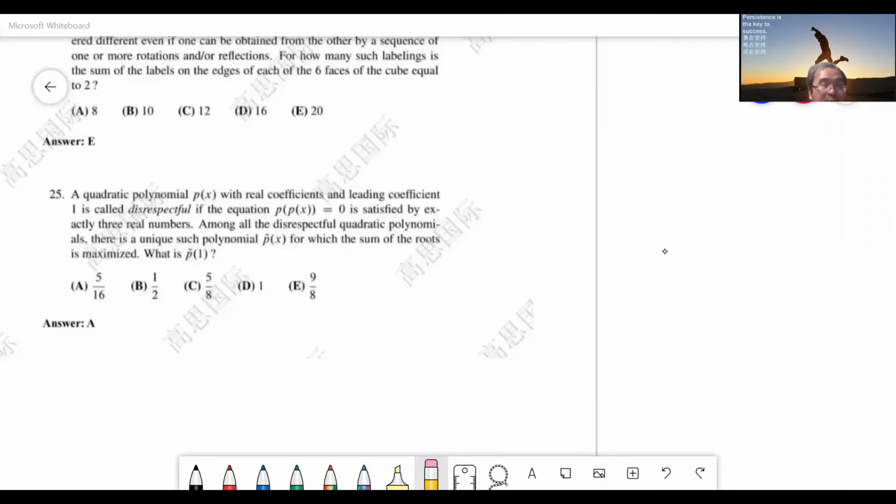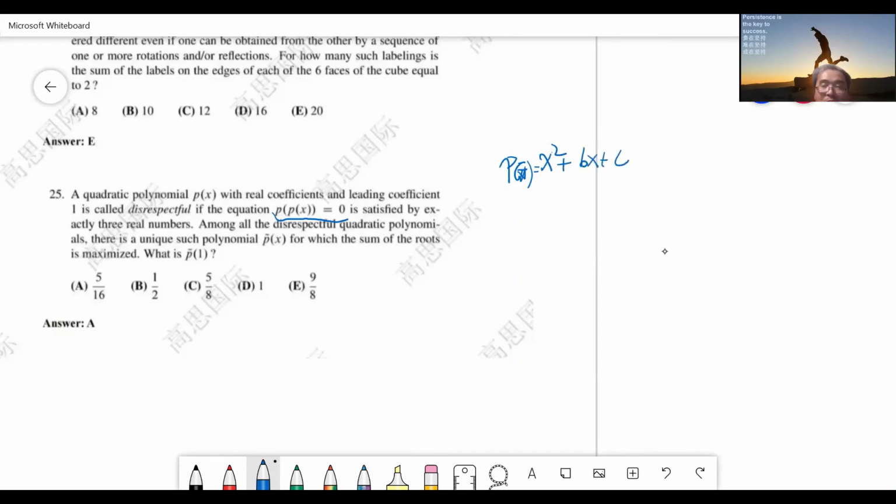Okay, question number 25. A quadratic polynomial P(x) with real coefficients and leading coefficient 1 is called respectful. I think the most important thing is what this means: P(P(x)) = 0. We know P(x) has leading coefficient 1, so P(x) is going to be x squared plus bx plus c.